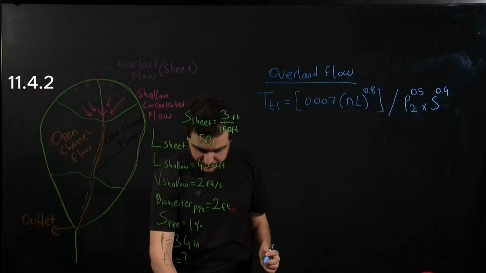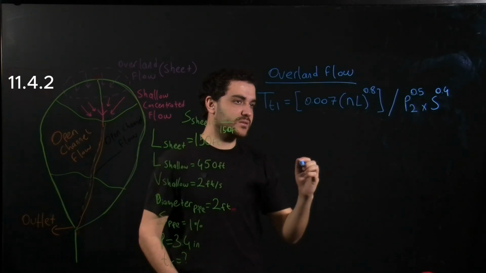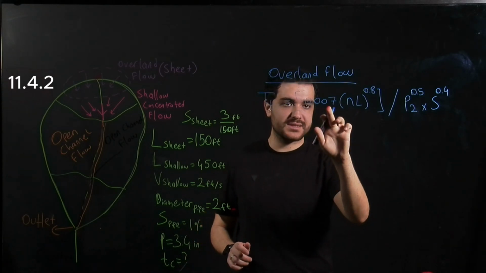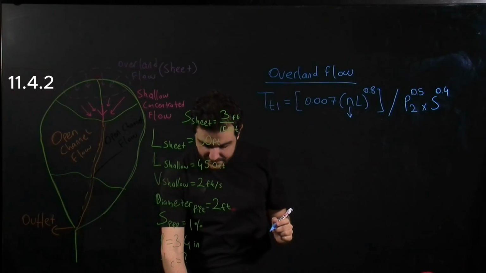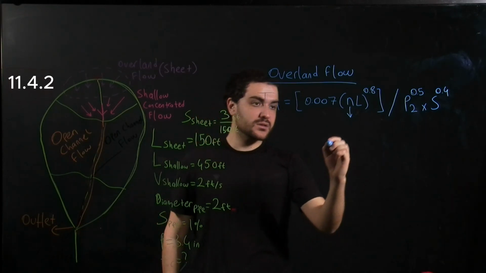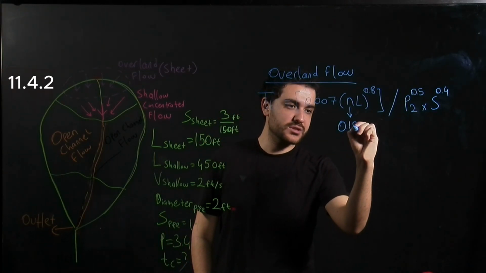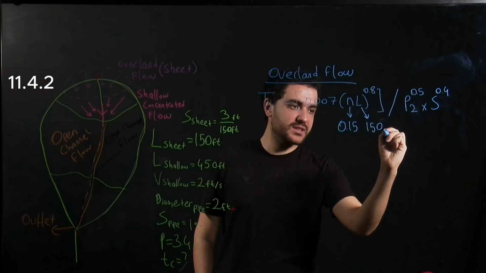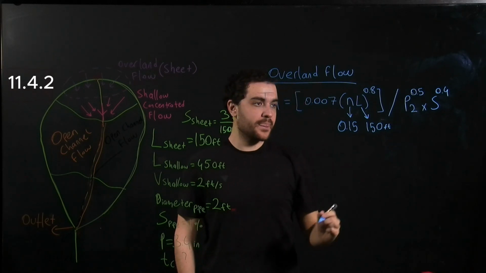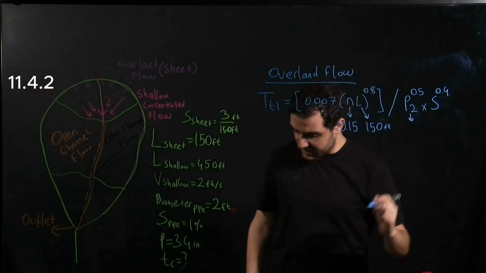So let's see what we know. We have this constant value, and we are using Manning's m value as 0.15 because it is short grass. We have a length of 150 feet. The precipitation was 3.4 inches.